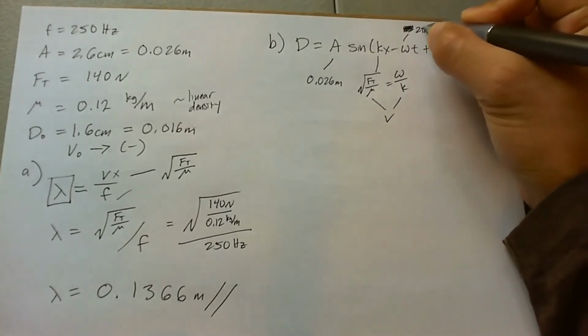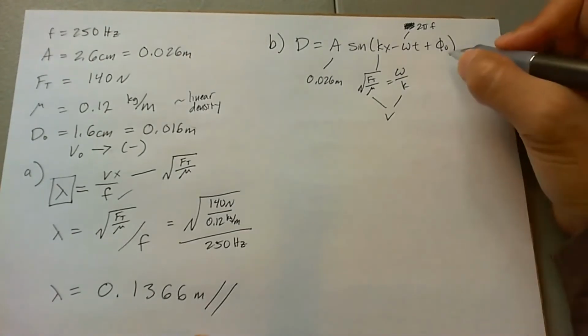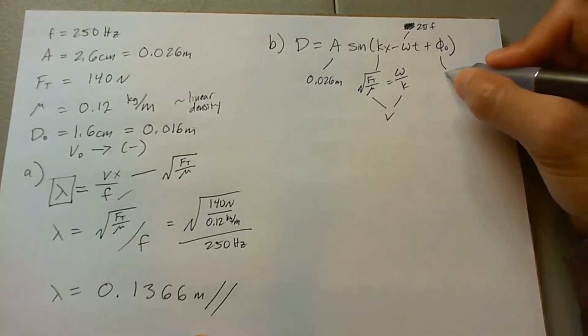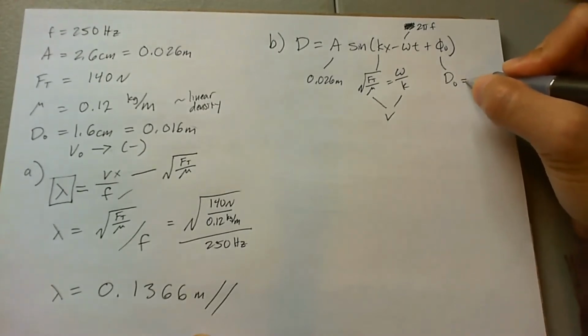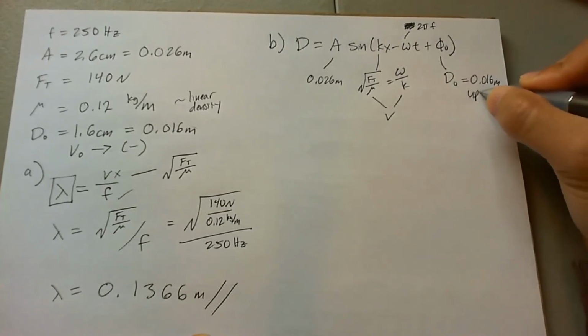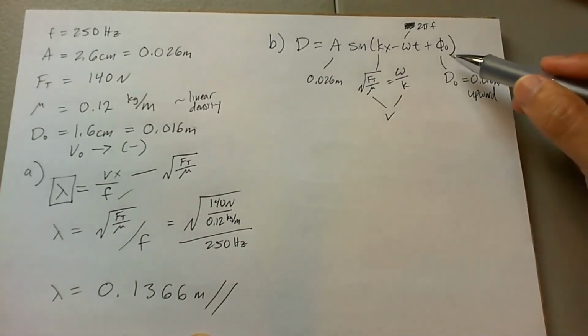And lastly, we don't know what phi is, but we do have some information that could help us, and that is d naught is 0.016 meters upward. So we're using that initial condition given in the problem to find phi.